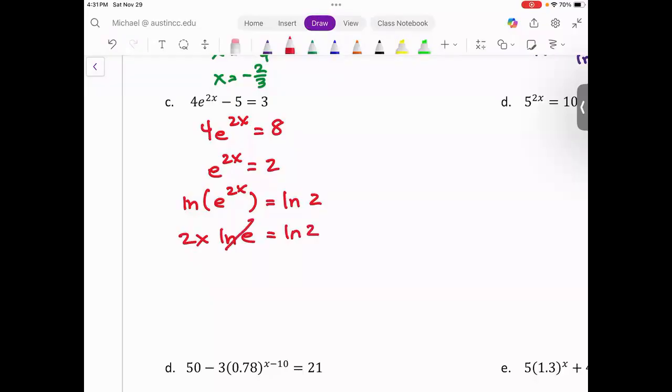And this natural log of e just goes to 1. So we're left with 2x equals natural log of 2. Divide each side by 2. And calculate it, and we get 0.347.